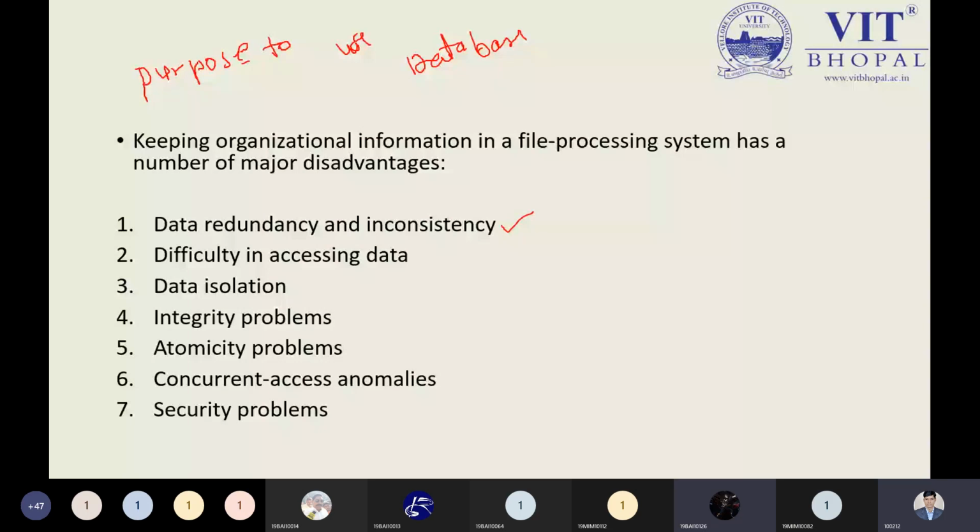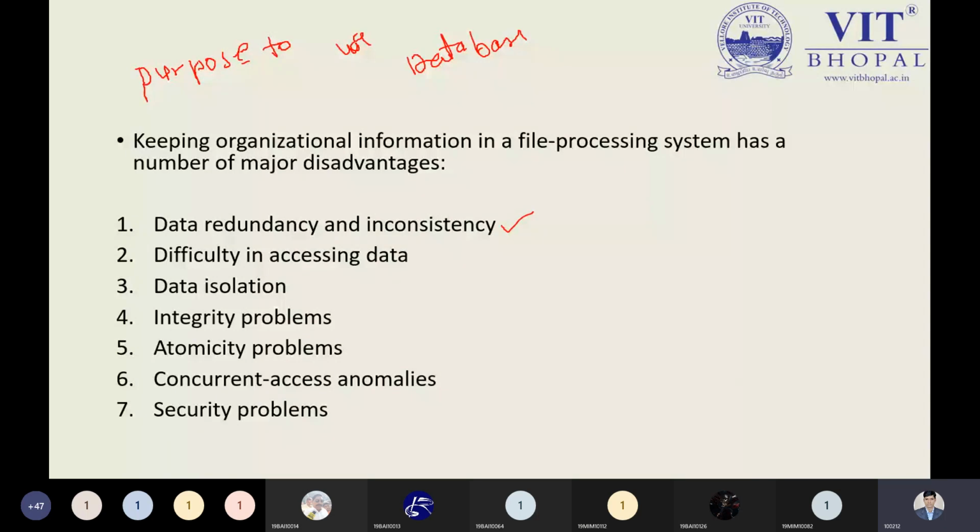Okay, let me explain the first point once again. Since different programmers create the files and application programs over a long period, the various files are likely to have different structures, and the programs may be written in several programming languages like Java, C, C++.